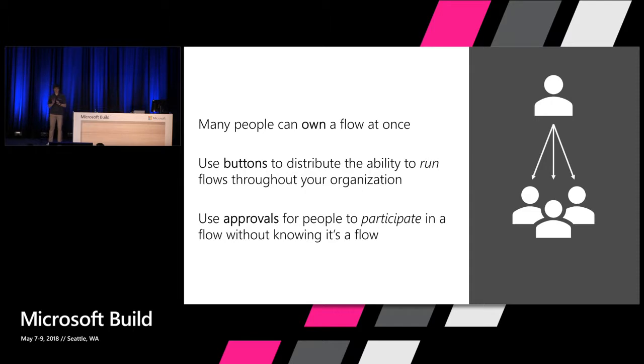The second thing to talk about is buttons. Buttons are unique in that I can distribute flow buttons, which is, it's not a physical button, it's a software button, but I can distribute them throughout my organization, and then anybody can invoke those buttons.